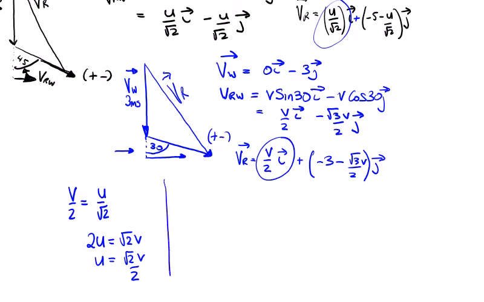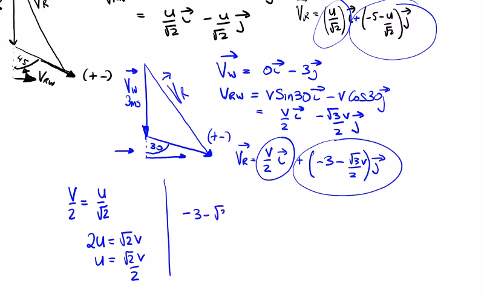Okay, let's look at the other side of this equation. We have this one is equal to this one. So minus 3 minus root 3 v over 2 is equal to minus 5 minus u over root 2. We've replaced the u here with root 2 v over 2, divided by root 2.